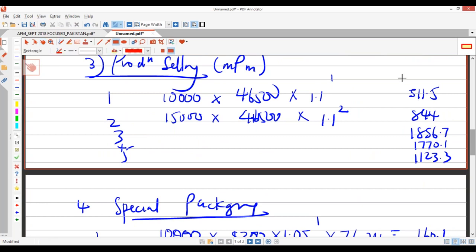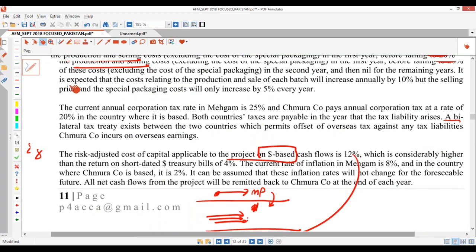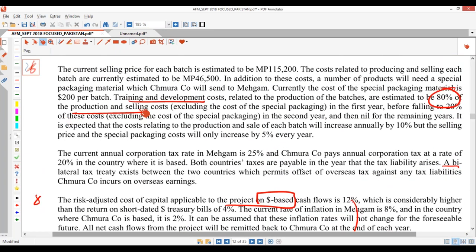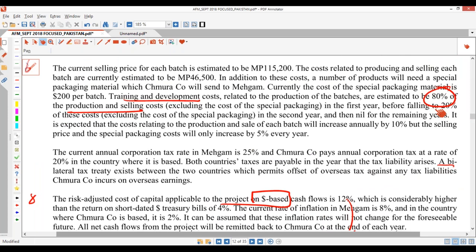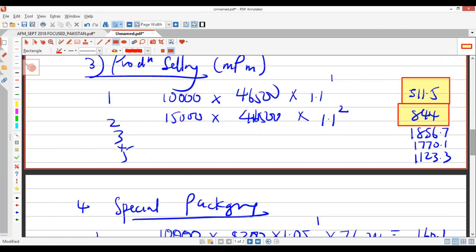You take 80% of this, you take 80% of this. That's it. This is only for 2 years that you have to learn. It's only for the first year before falling to second year, and then nil for the remaining years.